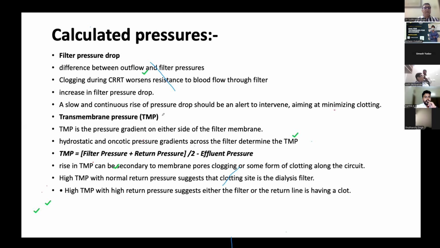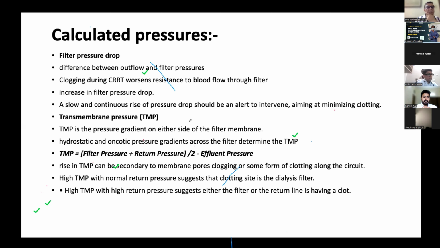If the filter pressure drops, that also indicates clotting of the capillary lumen inside the dialyzer itself, and that obviously will not allow any passage of blood inside, so that will cause a drop in the filter pressure.